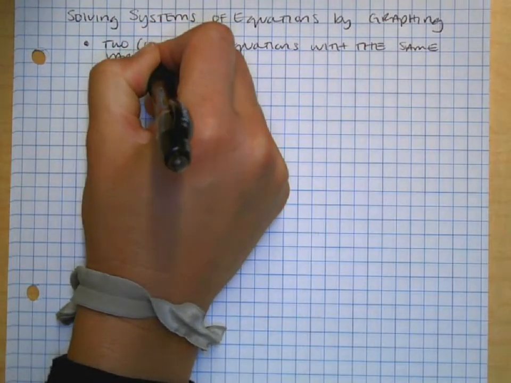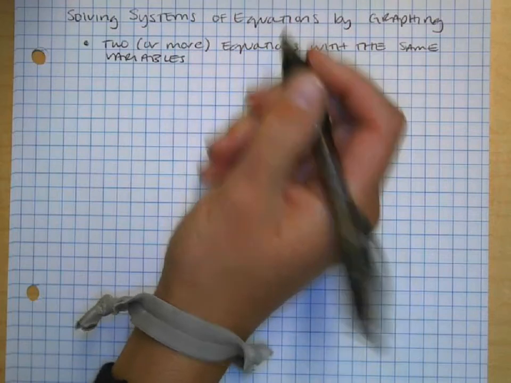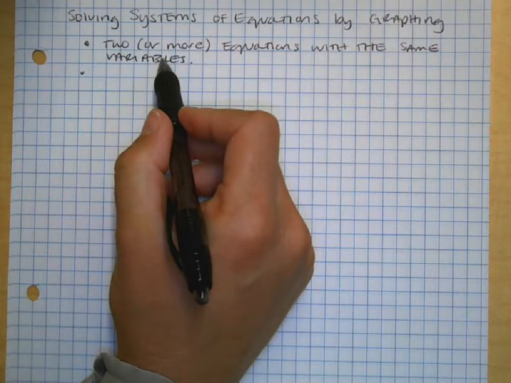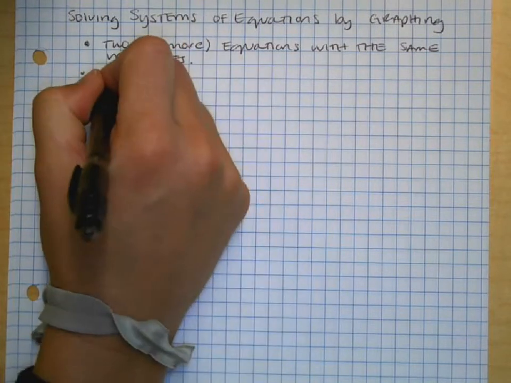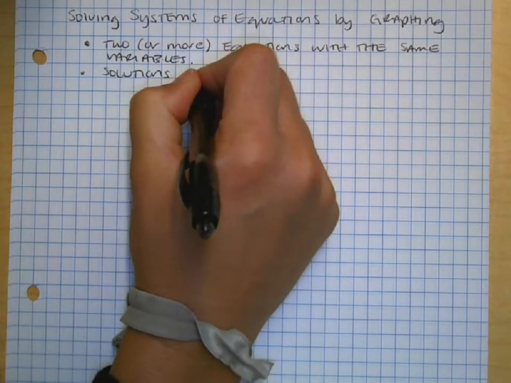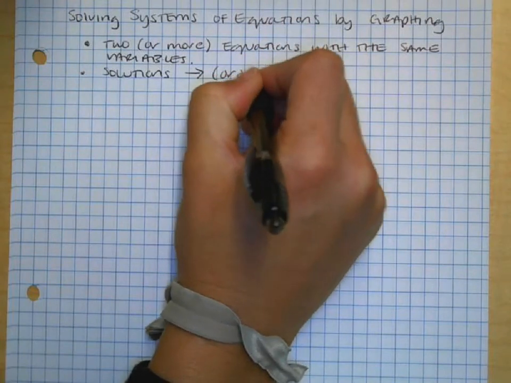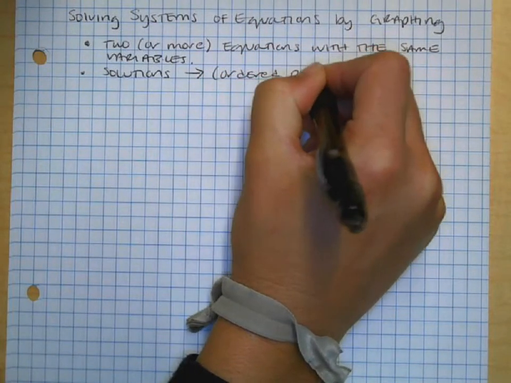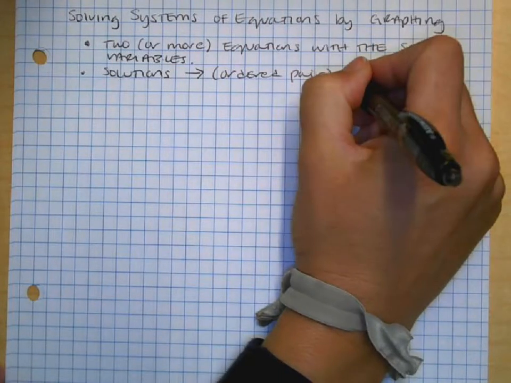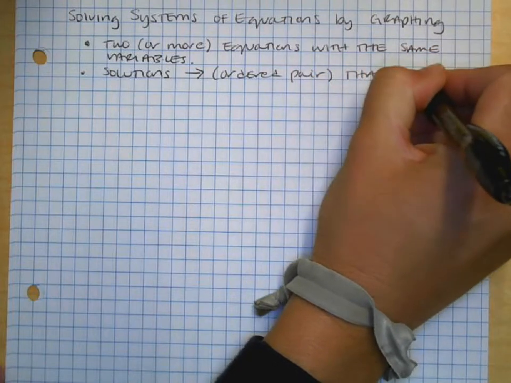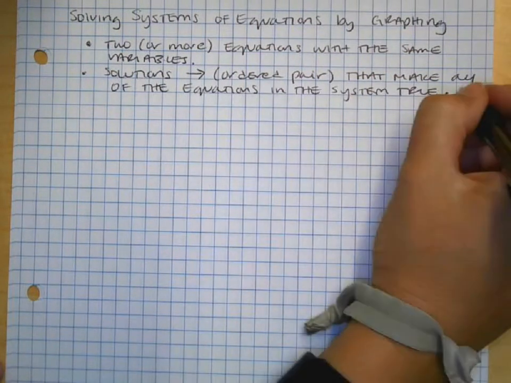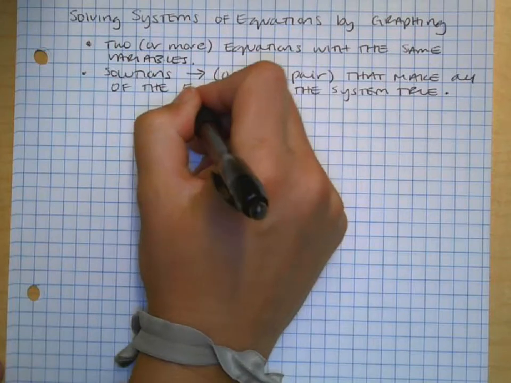And in order to know that we actually have a solution, it will be an ordered pair. An ordered pair is a point that makes all of the equations in the system true, and this is typically where the graphs intersect.